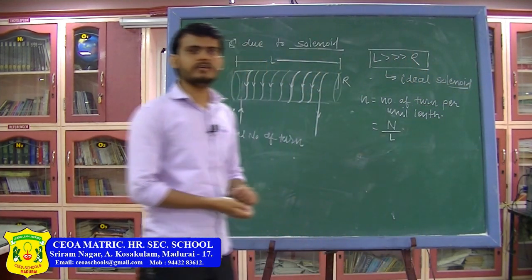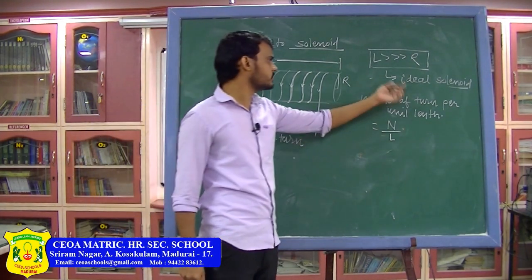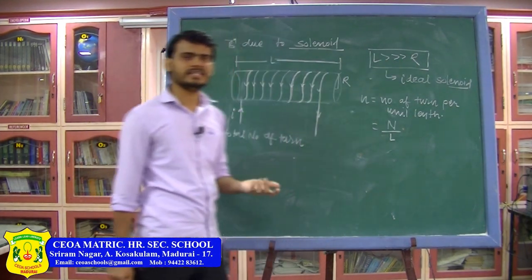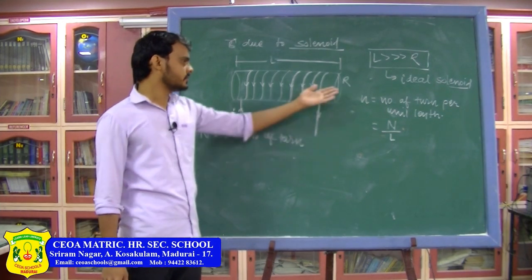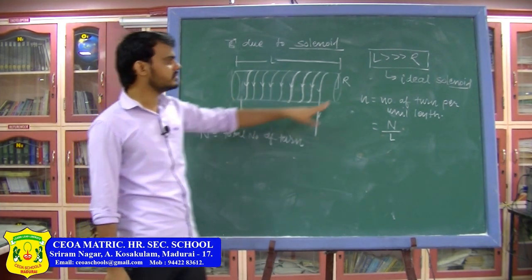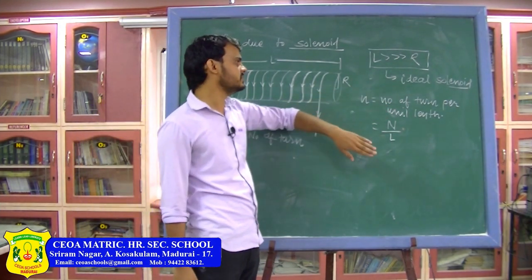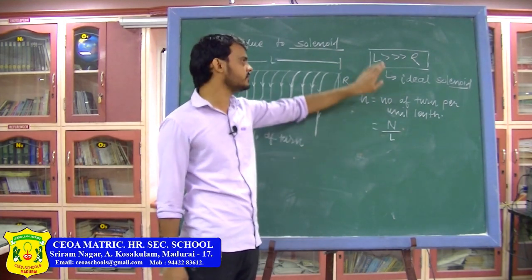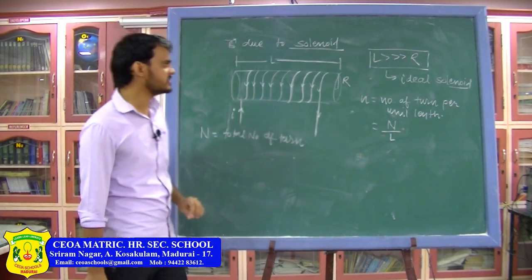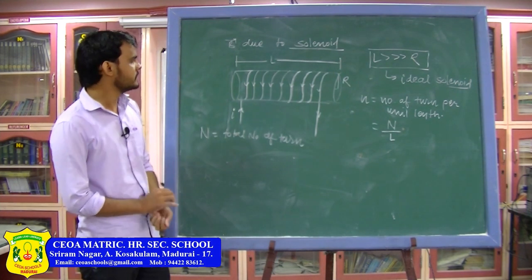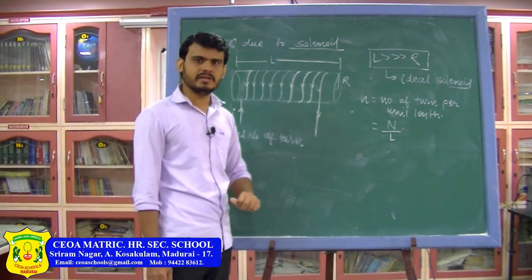So what will be a non-ideal solenoid? A non-ideal solenoid is where the length and radius of the solenoid are comparable to each other. So here we are going to talk only about the ideal solenoid. If they don't mention anything, you always have to assume the length of the solenoid is very much larger than the radius of the solenoid. So these are the parameters which you have to remember about the solenoid.